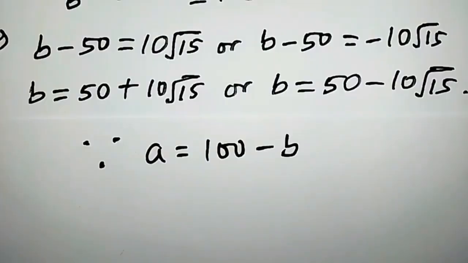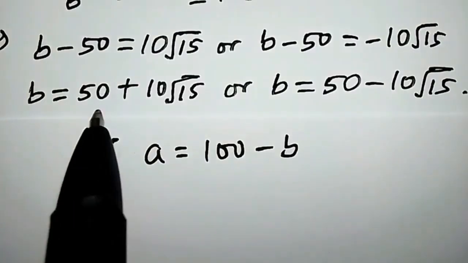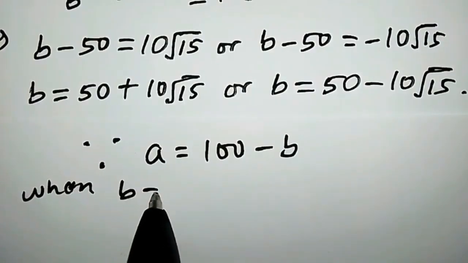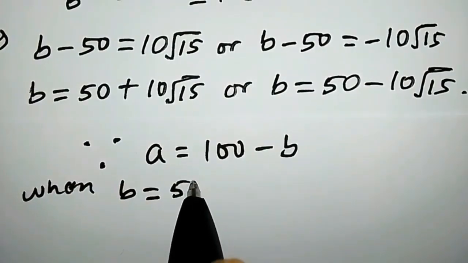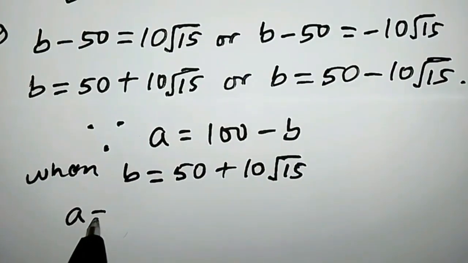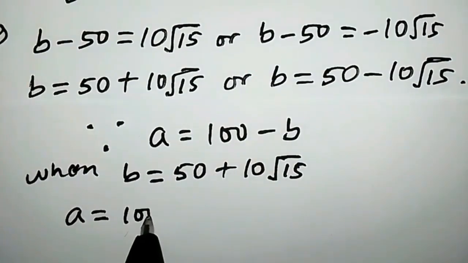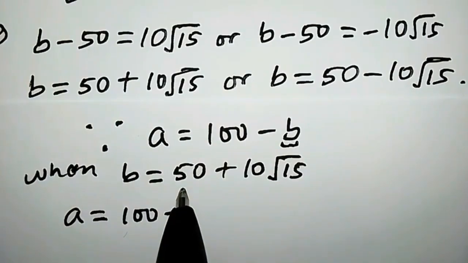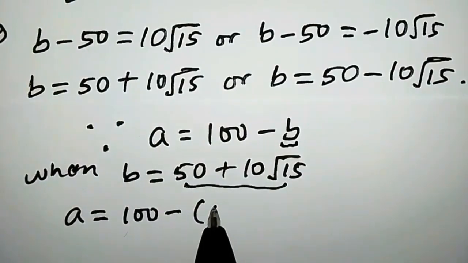What we have to do now is to consider each value of b. When b is equal to 50 plus 10 root 15, a is equal to 100 minus b. We will now replace this particular b with this guy.